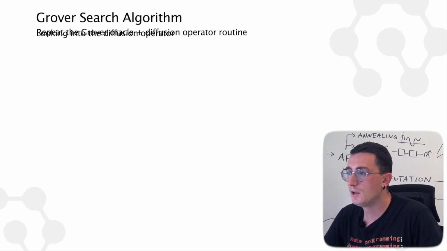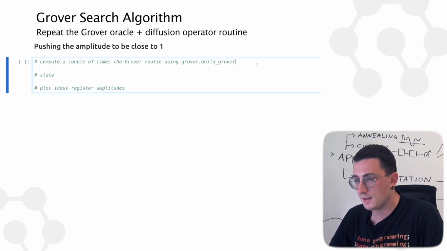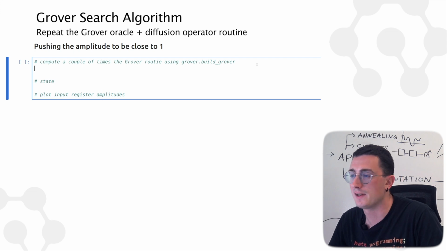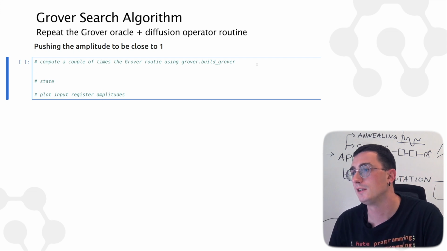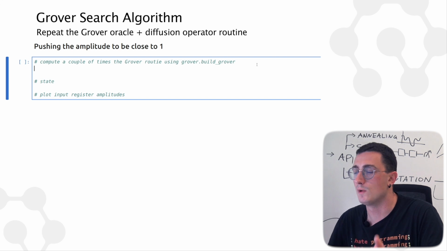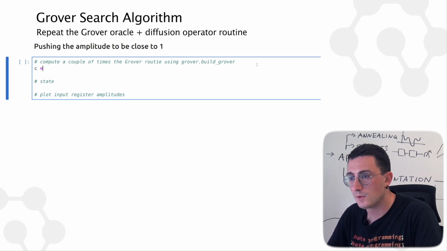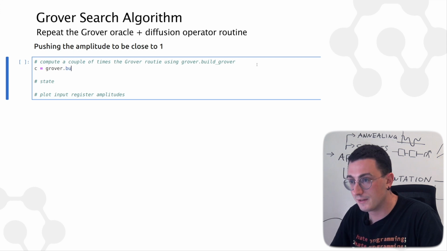Finally, what we can do is to just compute the Grover algorithm with a couple of executions of the routine in order to have a better final result, so namely, 1, 0, 1 amplitude closer to 1. What we can do is to call a specific function to build the circuit, so C equal to Grover dot build Grover.